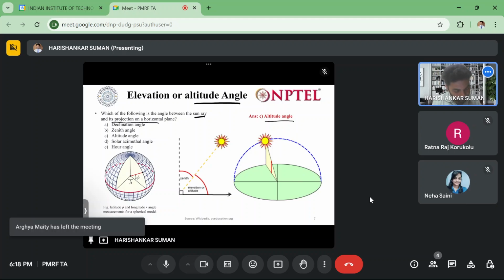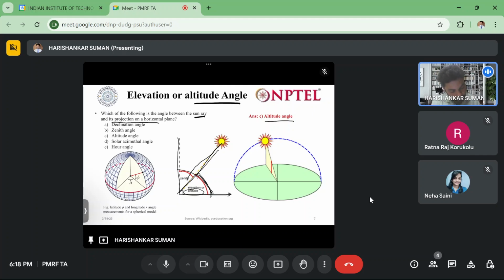Let's discuss the angles here. So altitude angle: this angle is the altitude or elevation. Or from the vertical to the sun ray, it is known as the zenith angle. You can see also the other angles, latitude or longitude angle.